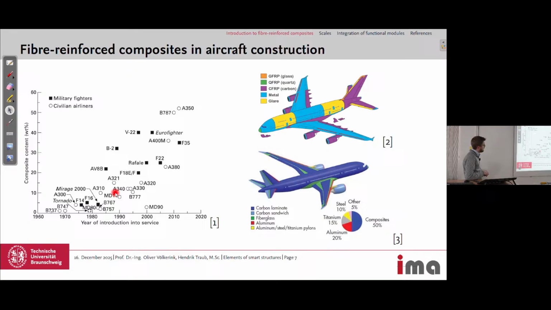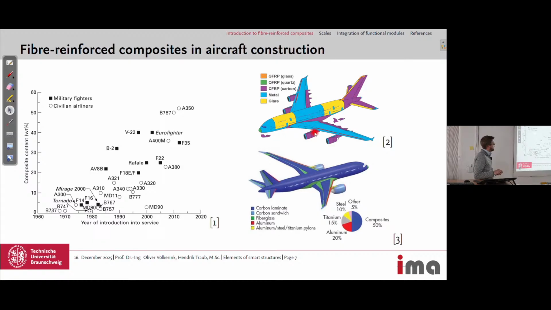You can see a trend that the newer the aircraft is, so the later the introduction to service, the higher the composite content is. And military aircraft tend to have higher composite contents since you have smaller numbers to build, and composite structures may be more expensive than metal ones, so therefore it's more affordable for military aircraft.